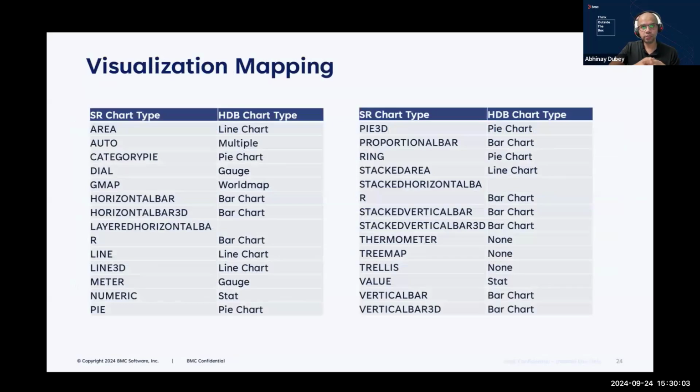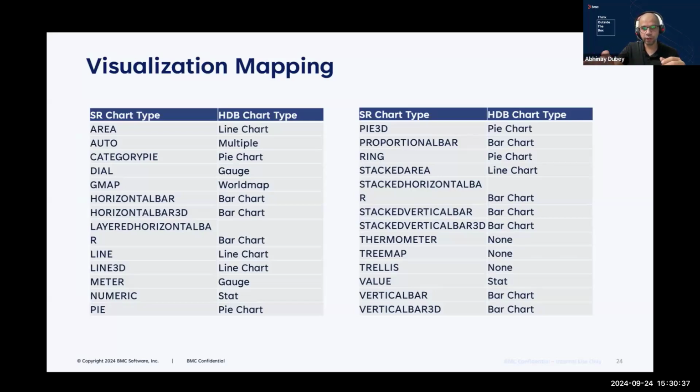What you see on this slide are the visualization types, as they are called in Smart Reporting and Helix Dashboard. It's a mapping between the two. For the most commonly used visualizations, you would find something either exactly the same or very similar on the Helix Dashboard side. For example, you have different types of bar charts in Smart Reporting: horizontal bar, vertical bar, 3D, stacked, and so on.